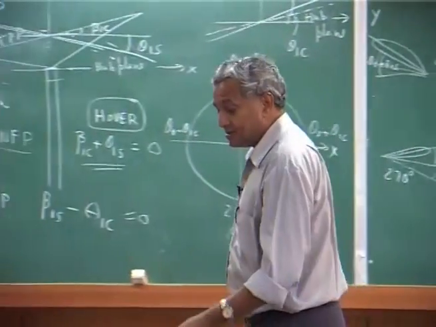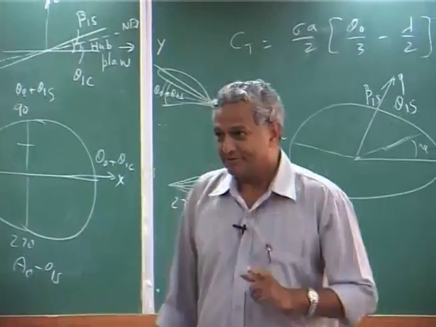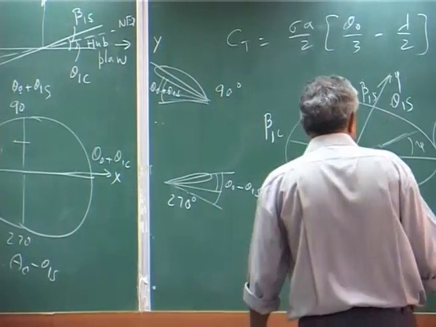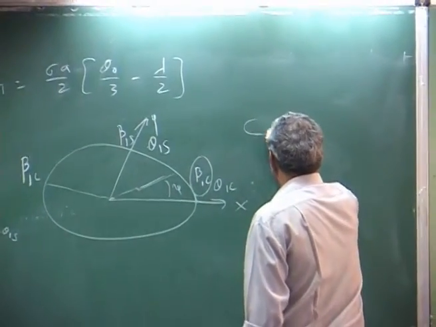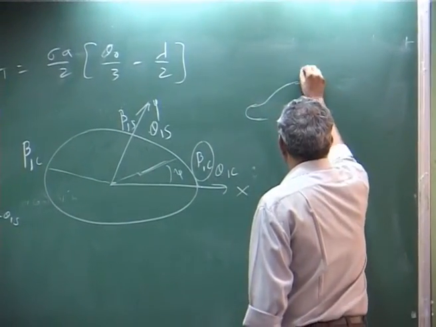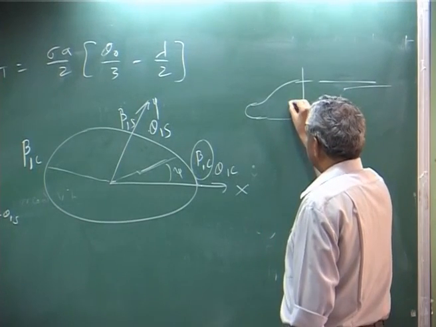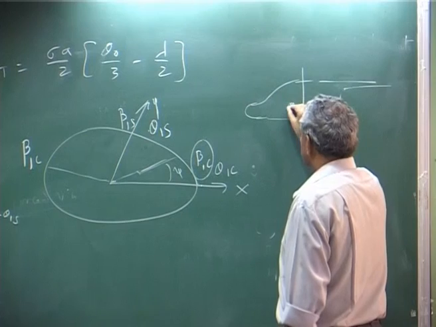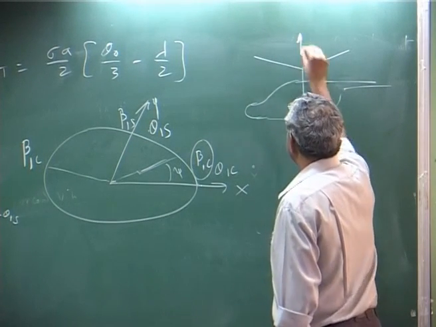If the CG is not on the shaft, okay, what will happen is, suppose you have the helicopter, okay, this is the shaft, CG is somewhere here. If you have that, then what will happen?